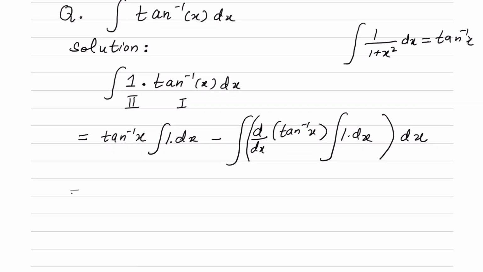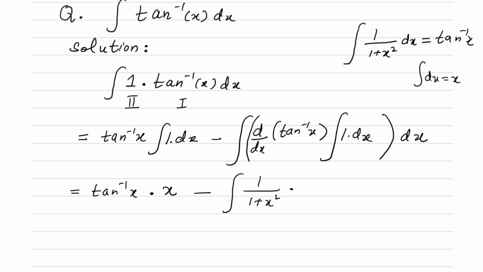It gives us tan inverse x, and we know that the integral of dx is x, so we have here multiplied by x, minus the derivative of tan inverse x, which is 1 over 1 plus x square.